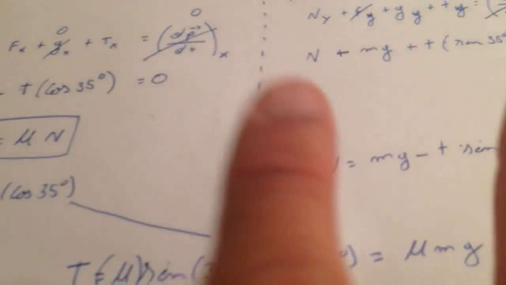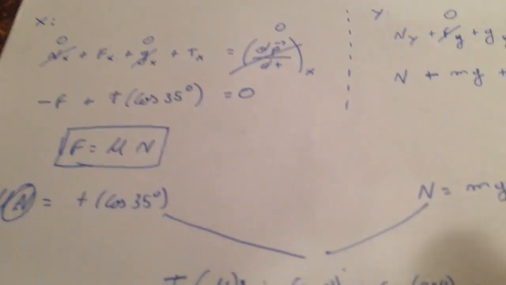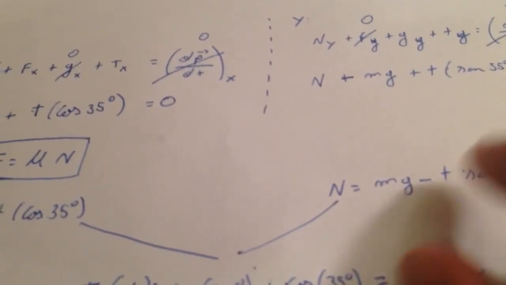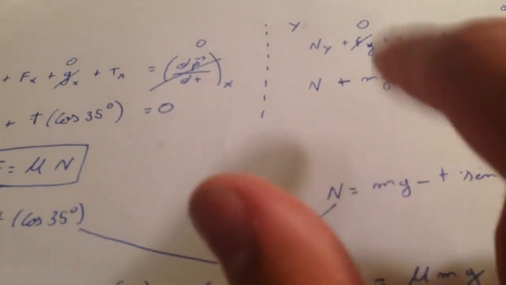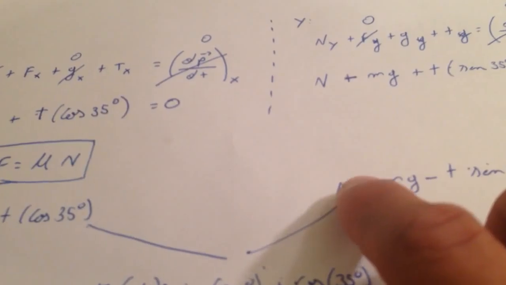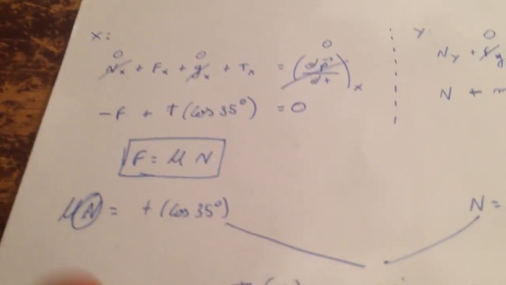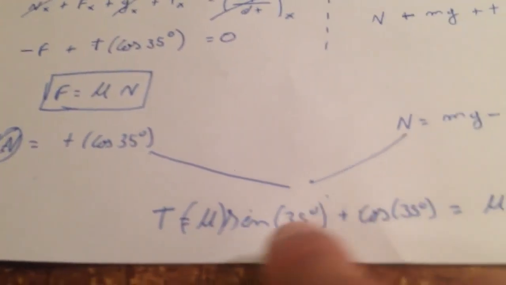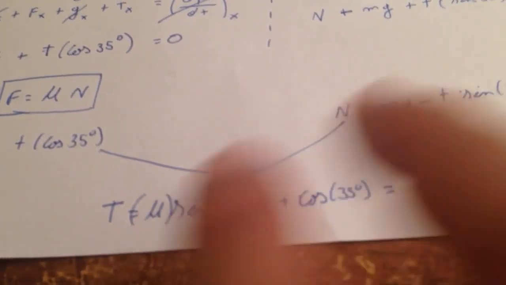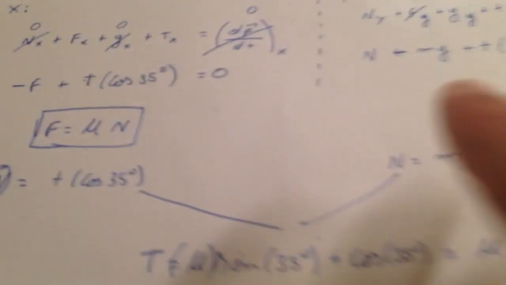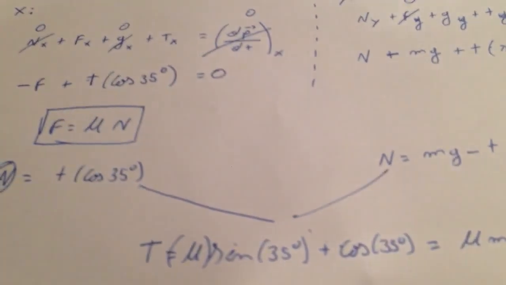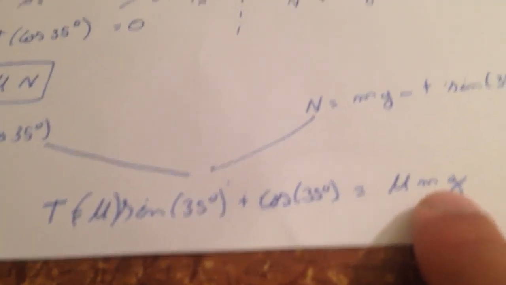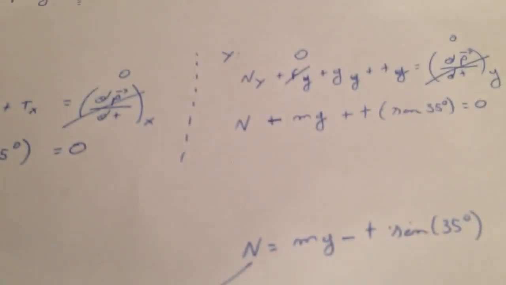Because I have two unknowns, N and T, I solve here for N and plug it in for this N. This is very simple algebra where you plug in the N and separate. If you expand, collect all your T's, and then take a T out, you get something like this.